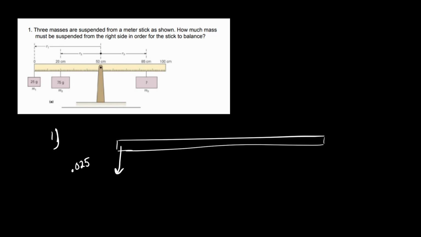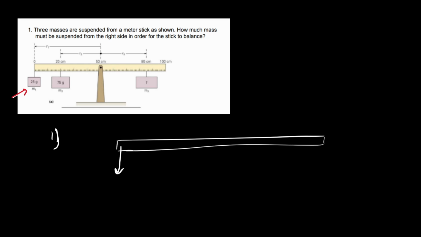So let's see. We have this long stick. We have a 25-gram mass hanging there. And I'm just going to go right ahead and instantly convert masses to weights, which I don't always do, but I'm going to here. So I have 25 grams. Oops. 25 grams is 0.025 kilograms. I'm going to multiply that by 9.8 to get the associated weight force.